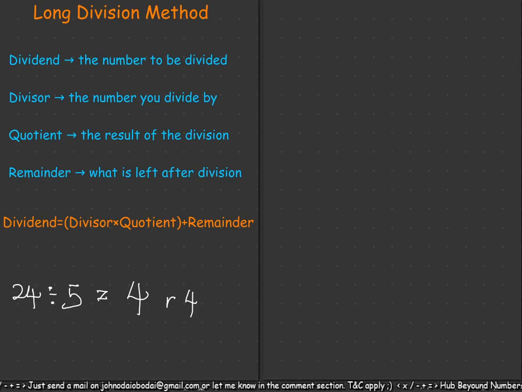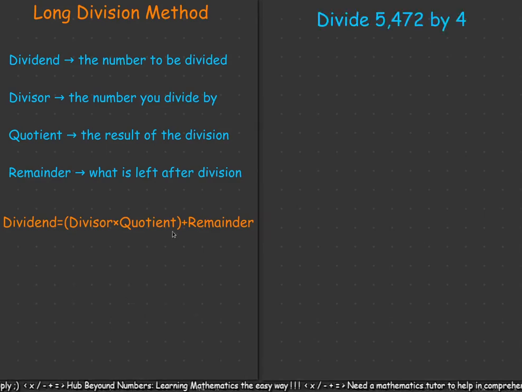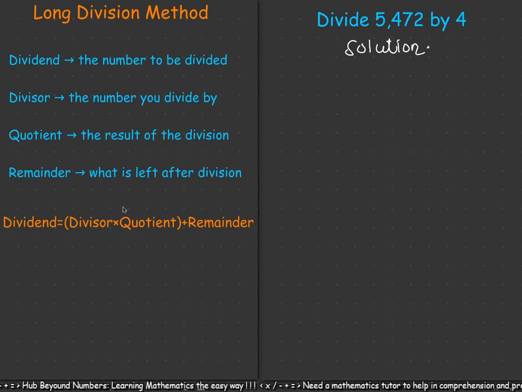Now, that said, let's quickly look into division properly. For our first example here, we are to divide 5,472 by 4. Let's look at how we can simply use long division to do that. Long division requires you to put this symbol there.